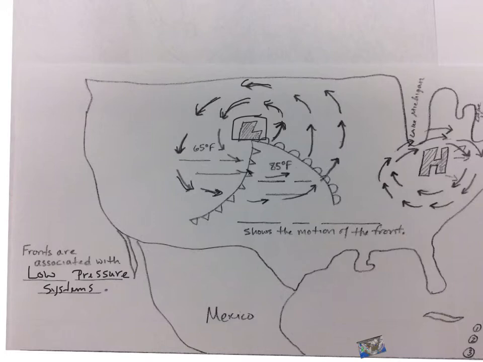And it's rotating counterclockwise. So what we get going on is we have this 65 degrees. This is the cold air sector. So there is cold air sitting back in this area. This is all cold air. And that cold air is moving into the warm air sector.